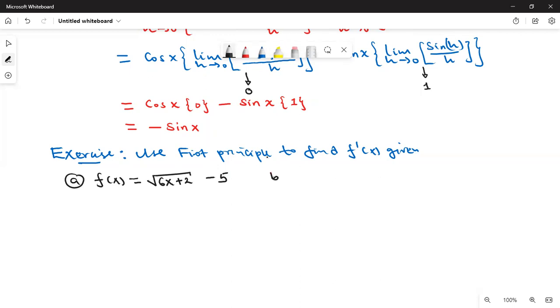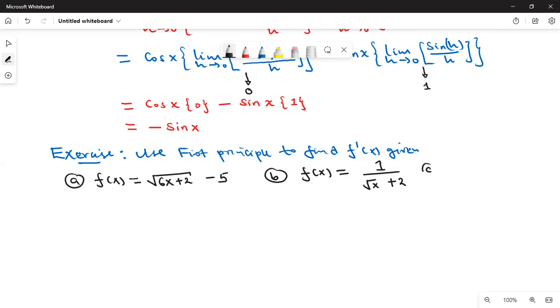In part B, you are told that f of x is equal to 1 over the square root of x plus 2.